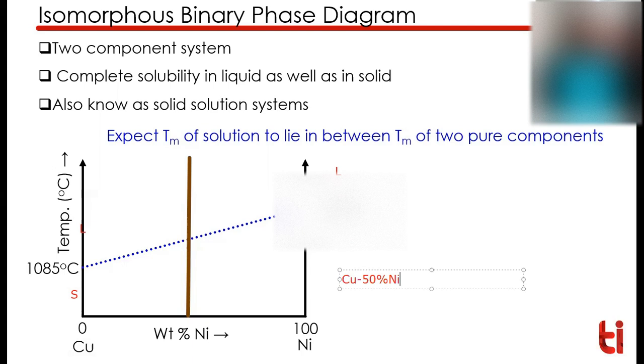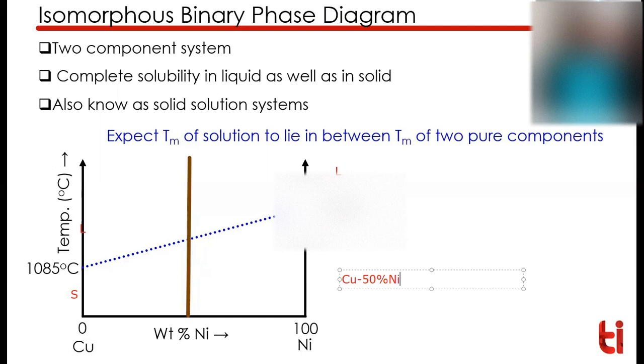Now the question comes, at what temperature should this alloy melt? As per the line I mentioned above, the melting point of this alloy should be in between 1085 degrees Celsius and 1453 degrees Celsius.